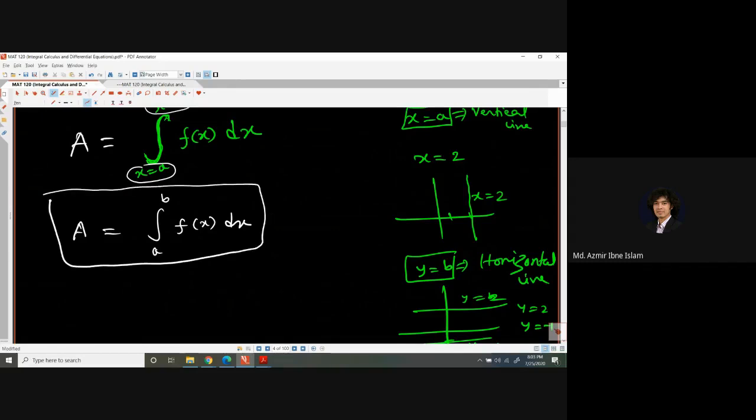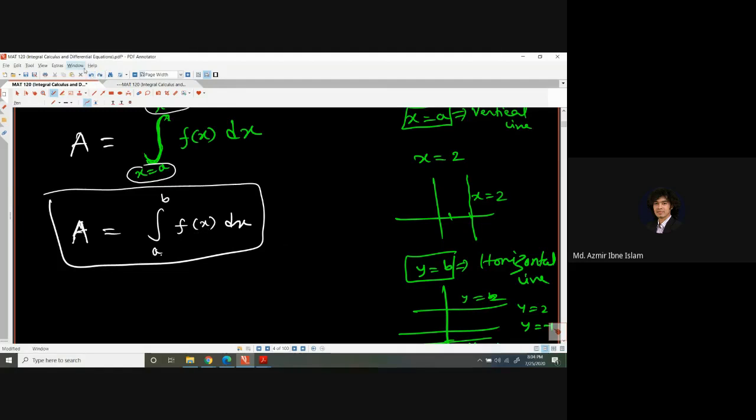So if we integrate the function f of x from x equal to a to x equal to b with respect to x, then we will get a number that defines the area under that curve from x equal to a to x equal to b.